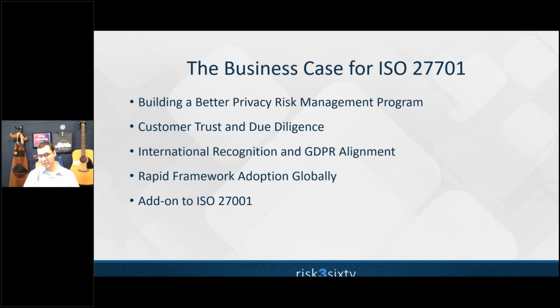There's an annex in the standard that actually maps the different controls to the various GDPR clauses. It's not full GDPR certification. Don't want there to be any confusion on that, but it brings you into line with a lot of the control activities that would be required for a GDPR program.